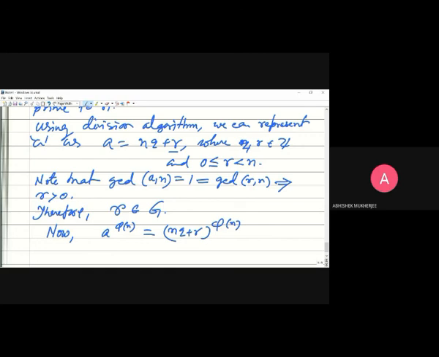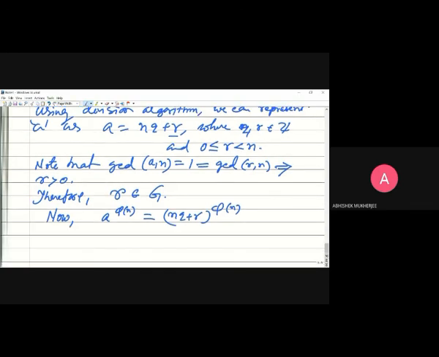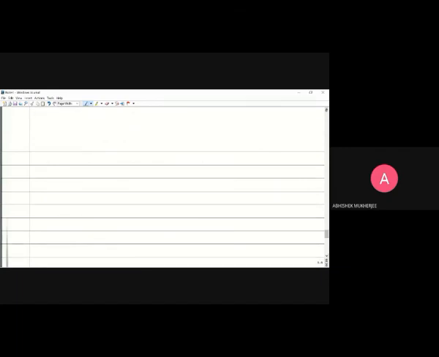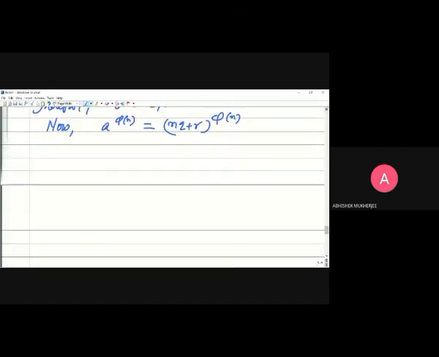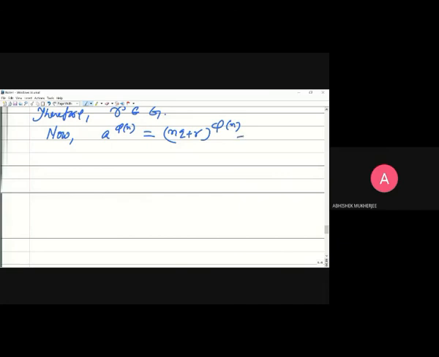So this is an integer, nq plus r to the power some integer.